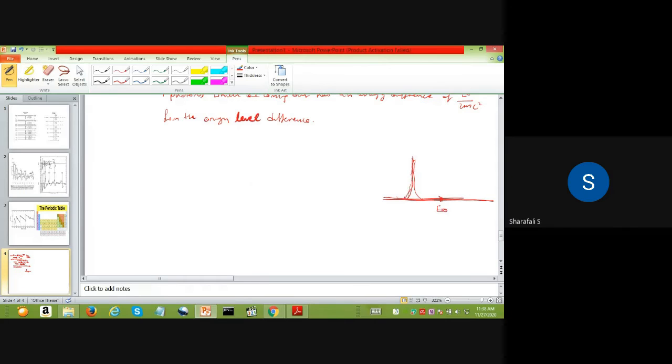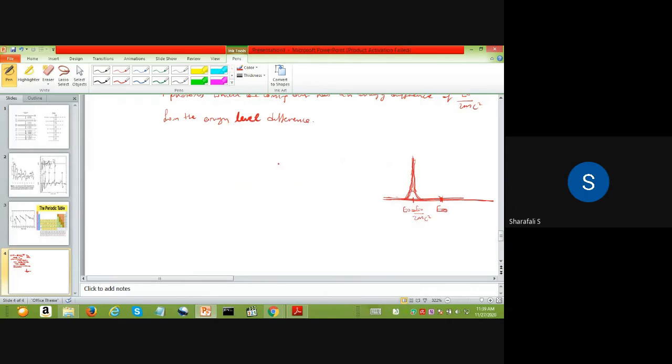We will not get a straight line or a sharp peak here. There will be some width for this line. So this is your E0 minus E0 by 2mc square. From the energy difference between those energy levels, it is less than that by an amount of E0 by 2mc square for the gamma radiation.